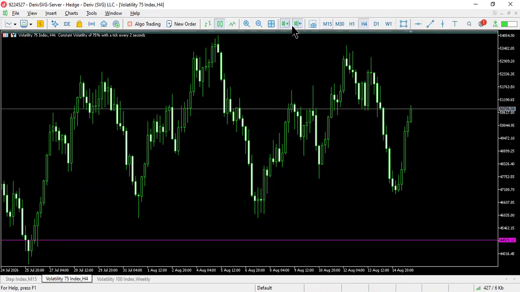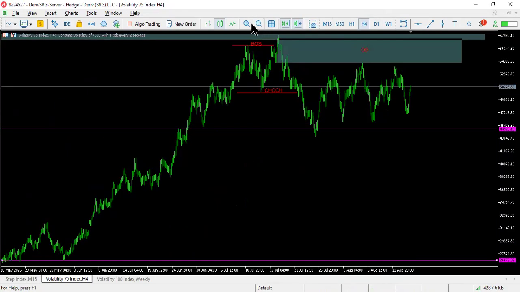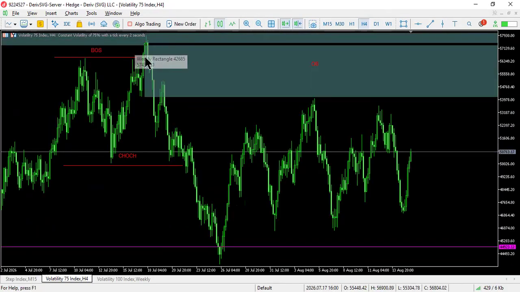Heading over to the 4 hours time frame. From the 4 hours time frame, our break of structure will be at that level. And this change of character, refining it in the 4 hours time frame, it's going to be at that level now.